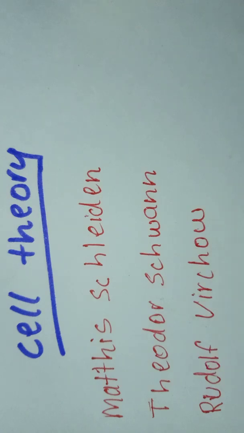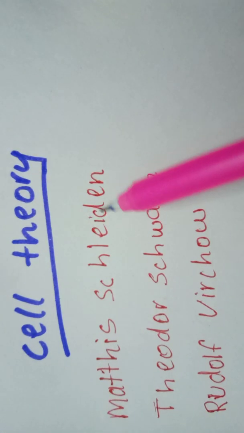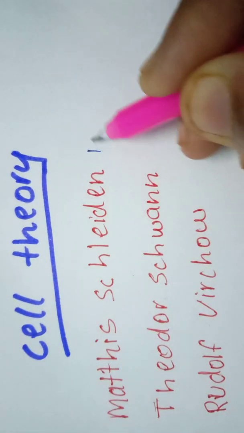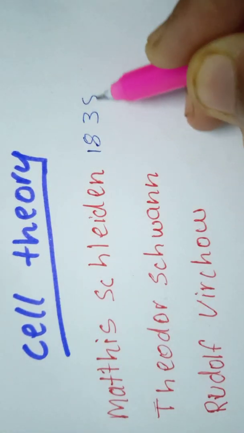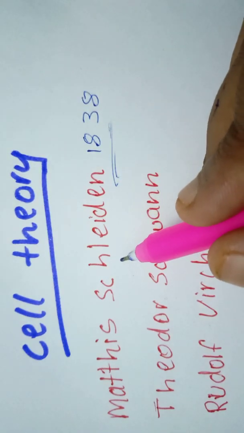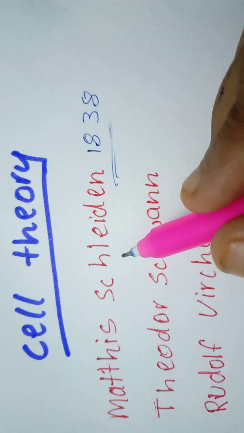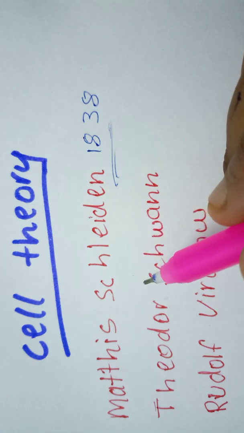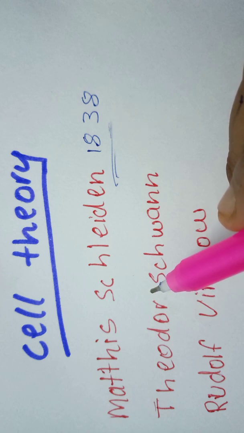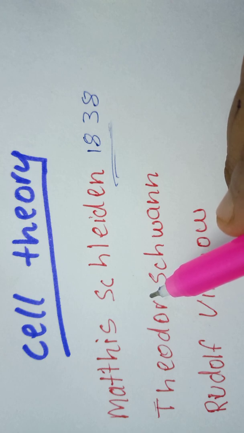Matthias Schleiden is a German botanist. In the year 1838, he said that each and every organism is made up of a large number of cells, and their life processes are performed by the cell only.